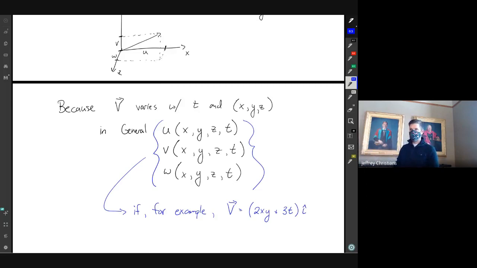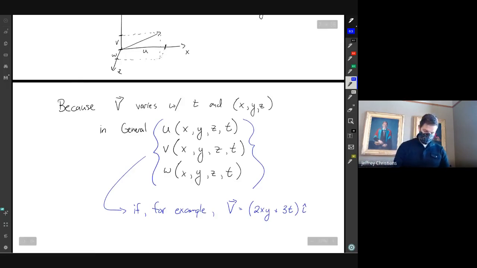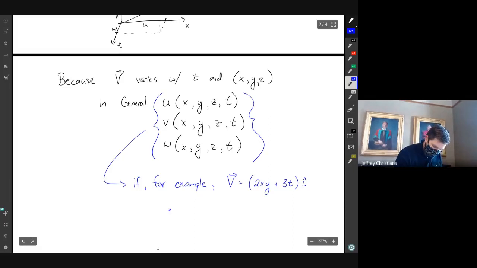So it's pointing in x, and it's changing in x, y, and t.